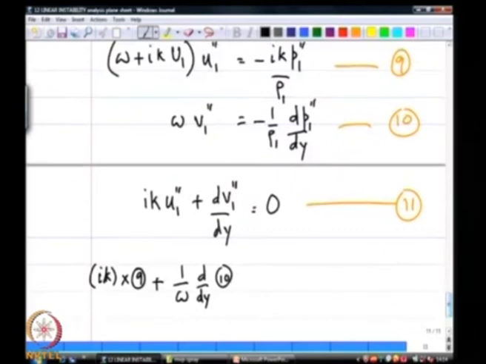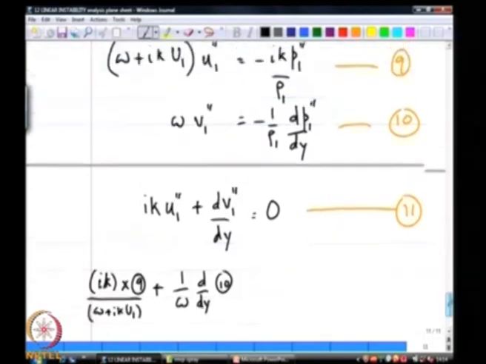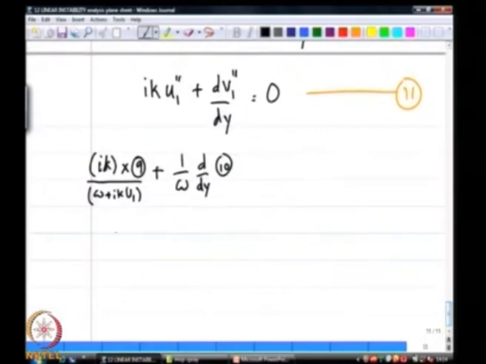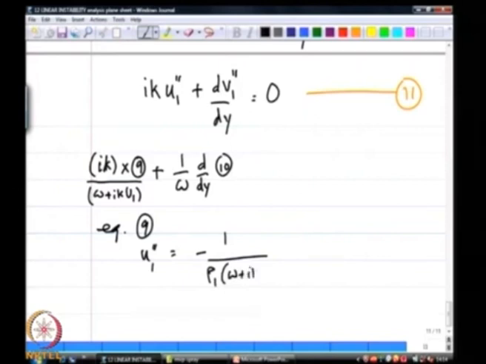It is essentially to get to the form that is in equation 11. So, if I divide this by omega plus I k u 1 and multiply by I k, let me do that. Equation 9 first becomes u 1 double prime equals minus 1 over rho 1 times I k over omega plus I k u 1 p 1 double prime.